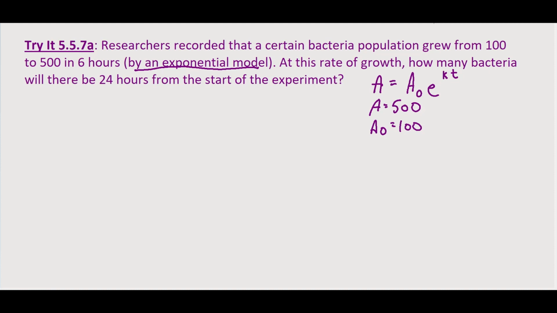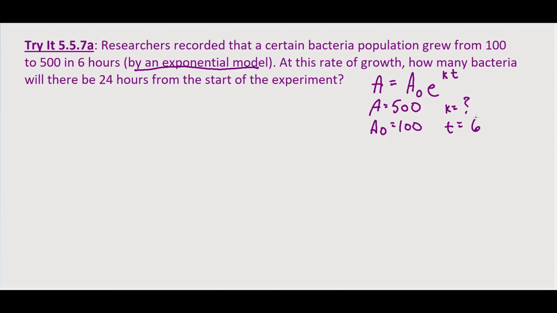K we don't know, so K equals question mark, T equals originally 6 hours. So here's the key: first we need to solve for K in this equation, and then we can apply the 24-hour time period.